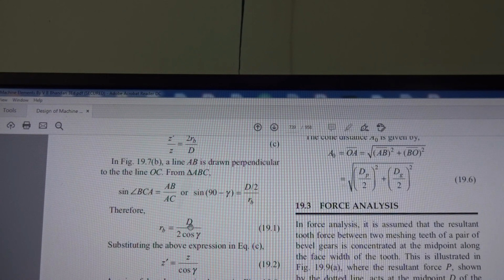So RB is equal to D divided by 2 cos gamma. And from this relation, Z dash is equal to Z by cos gamma. So this is the virtual number of teeth. The virtual number of teeth is Z divided by cos gamma.